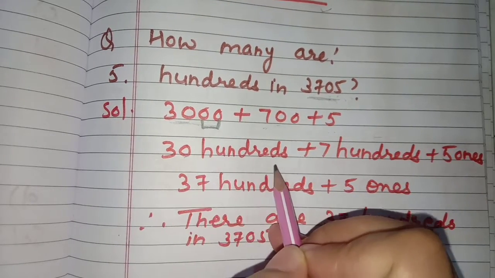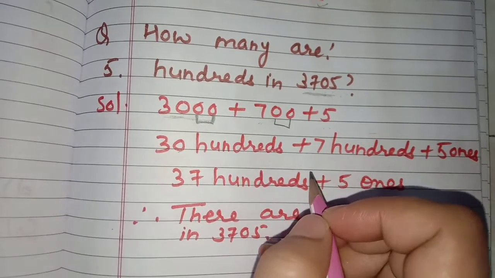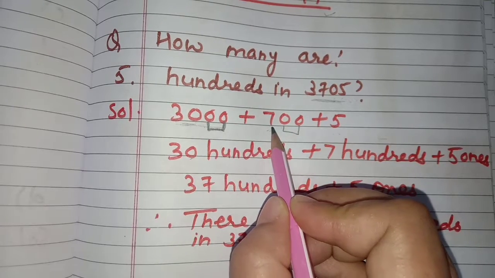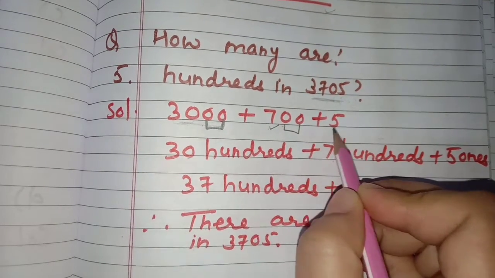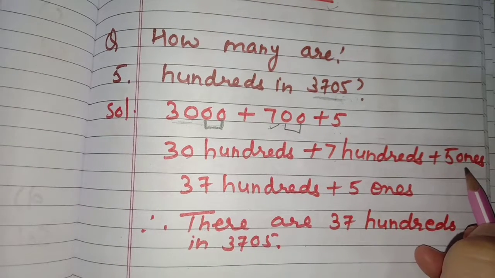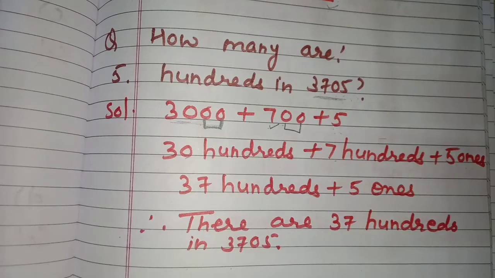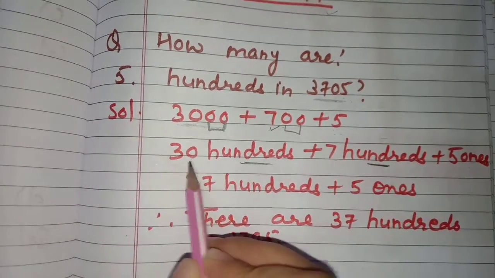So you have to write 30 hundreds. Then separate these two zeros to find hundreds in 700. So how many hundreds are there in 700? 7. So 7 hundreds. Then you have to write 5. So this is 5 ones because it's a single digit. It means it is at 1's place. Now add these hundreds, this one and this one, means 30 and 7.